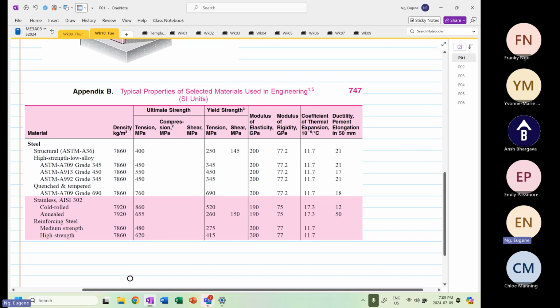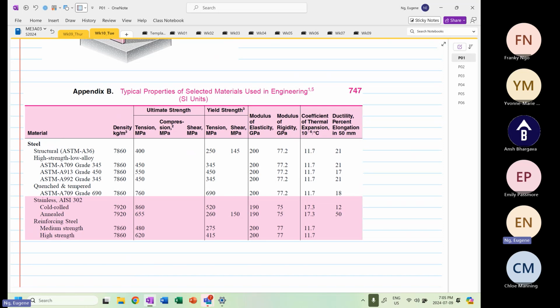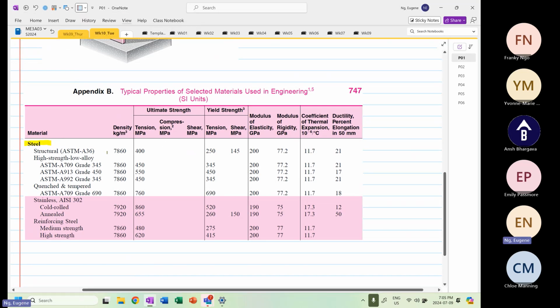What you will see over here is a table that gives us the steel type, for example structural steel. They inform us of the density, the ultimate strength in tension, compression, and shear, the yield strength in tension and shear, the modulus of elasticity, modulus of rigidity, coefficient of thermal expansion, and percentage of elongation.